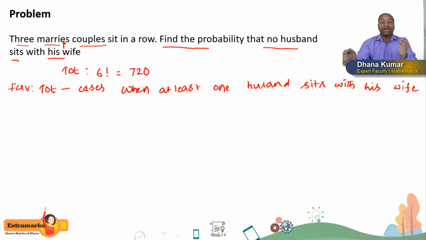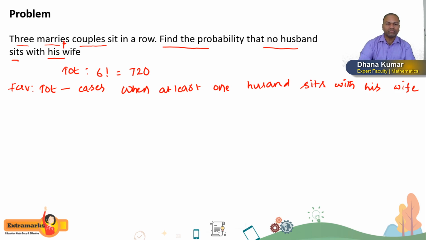Better you go for A union B union C. That is the inclusion exclusion principle. The A union B union C formula is N of A plus N of B plus N of C, one part, one element, minus the 2 combinations: N of A intersection B, minus N of B intersection C, minus N of C intersection A. After that plus. So inclusion exclusion has alternate signs. First plus, next combination minus, next combination plus. Clear?